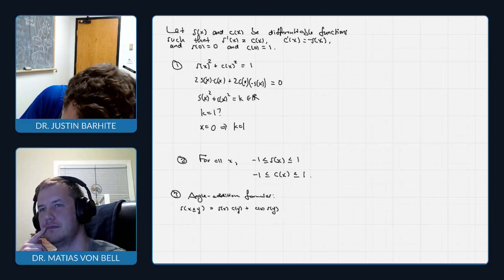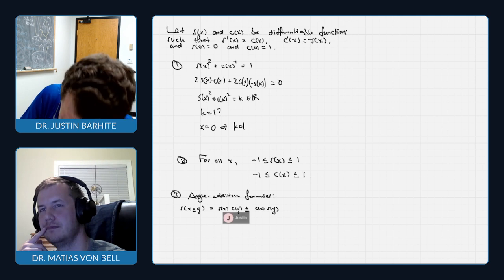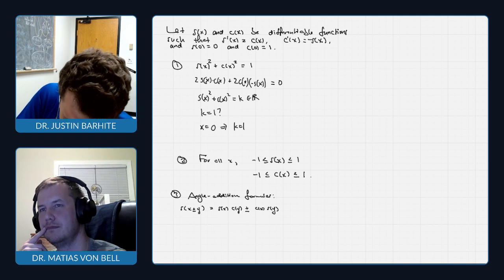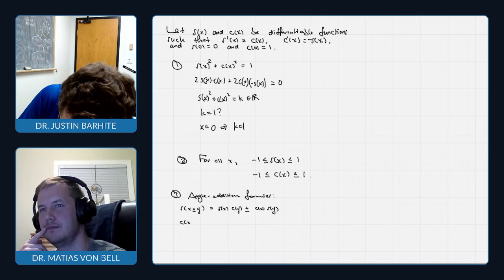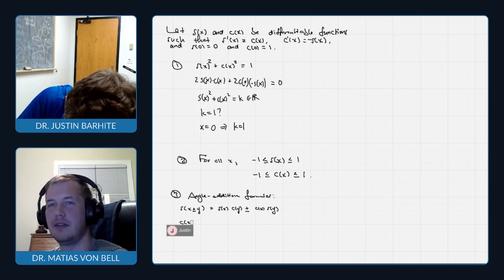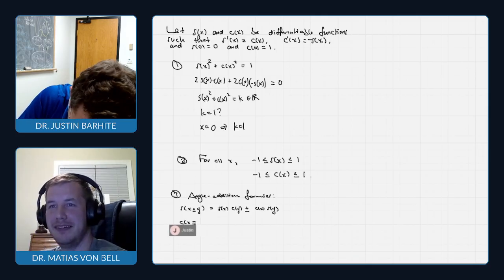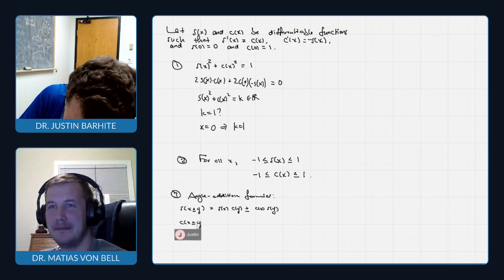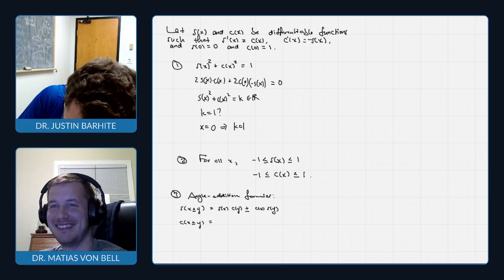And of course, if you make it a minus, that becomes a minus. You know the other one off the top of your head, right? Do you want to write that for me? I don't remember it off the top of my head. That's embarrassing. So c of x plus or minus y is.